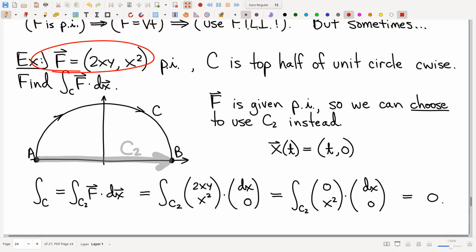That said, there are examples of vector fields that are really ugly looking, for which finding the anti-gradient is hard. But making a path independence argument can still be easy. And if you hunt through my old midterm exams from 10 years ago or whatever, you'll see some examples where I created some such questions.